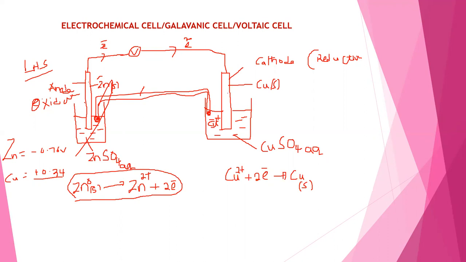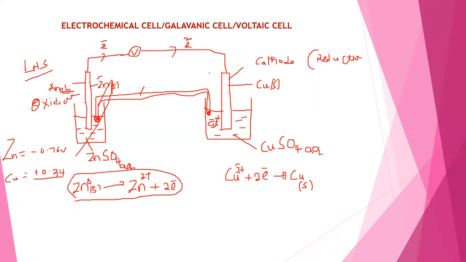There is an increase from 0 to 2 positive, so that is an oxidation. Well, for the reduction here, the copper ion has an oxidation state of 2, while copper has an oxidation state of 0. So there is a reduction from 2 to 0.